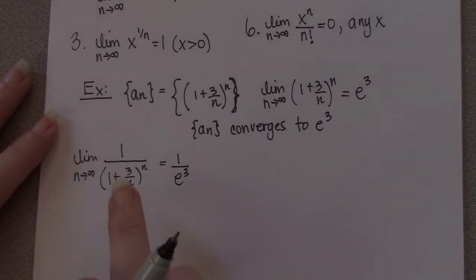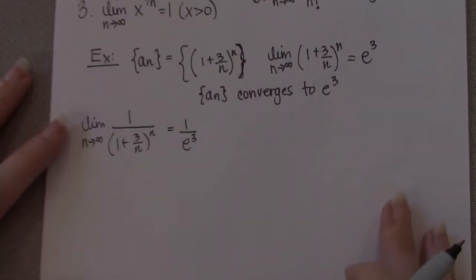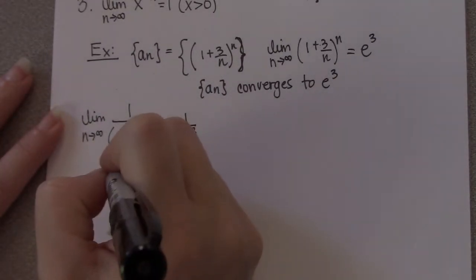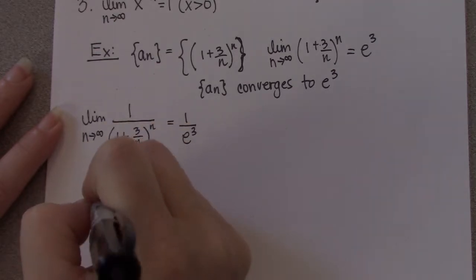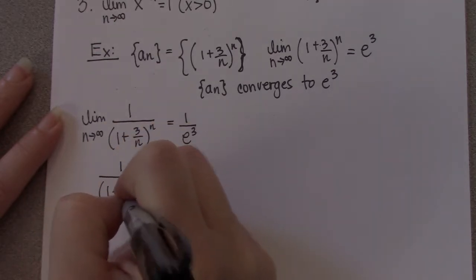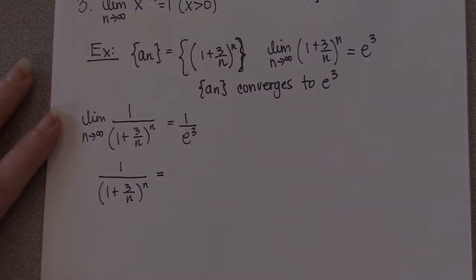But if I do a little bit of algebra, when you flip a fraction, we multiply times the reciprocal. So let's look at a little bit of algebra just to give you an idea of what else this could look like. If I have 1 over (1 + 3/n)^n, I didn't want to write it like that because that's big, ugly, and gross and takes up a lot of paper, okay? So let's condense this down.